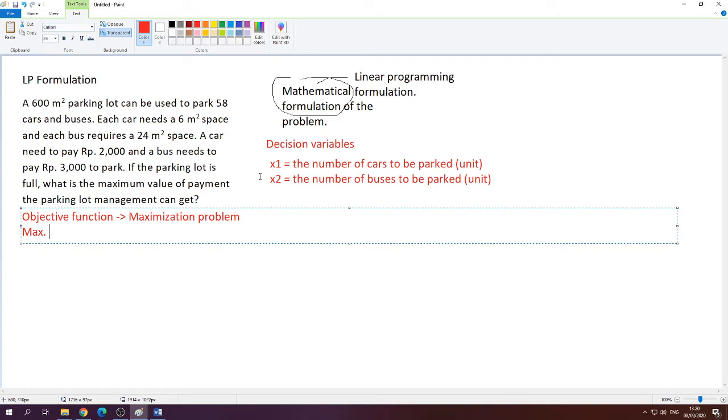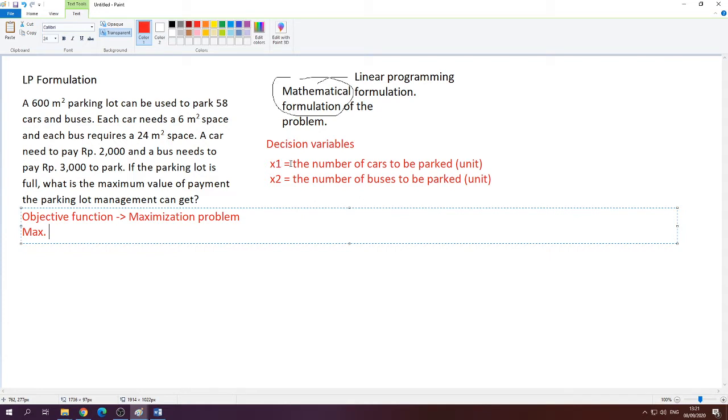So if there are x1 cars parked in that parking lot, we're going to get 2,000 times x1. If there are x2 buses parked in that parking lot, then we're going to get 3,000 times x2 from the buses.